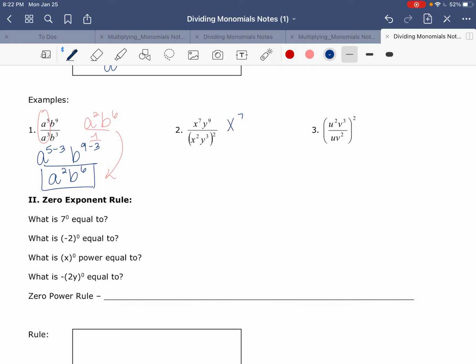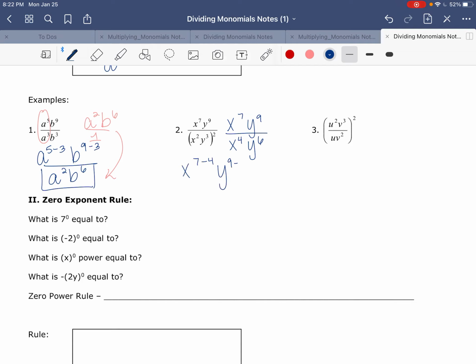So that becomes x to the 7th, y to the 9th in the top still, and then x to the 4th, and then y to the 6th. And since I am dividing same bases, I'm subtracting my exponents. So I get x to the 7th minus 4, and then y to the 9th minus 6, simplifying to x cubed and then y cubed.